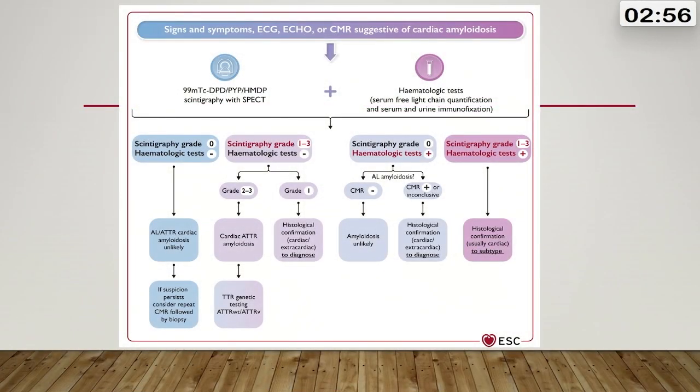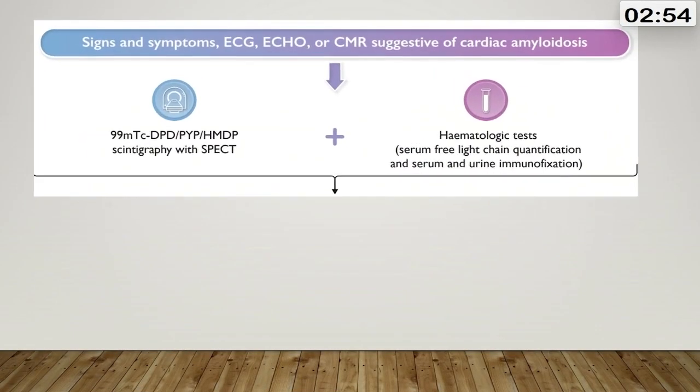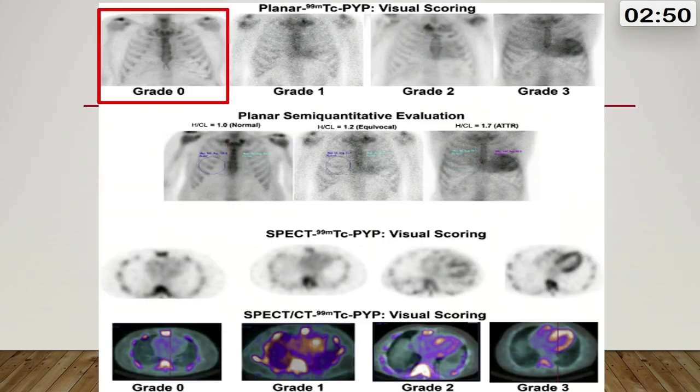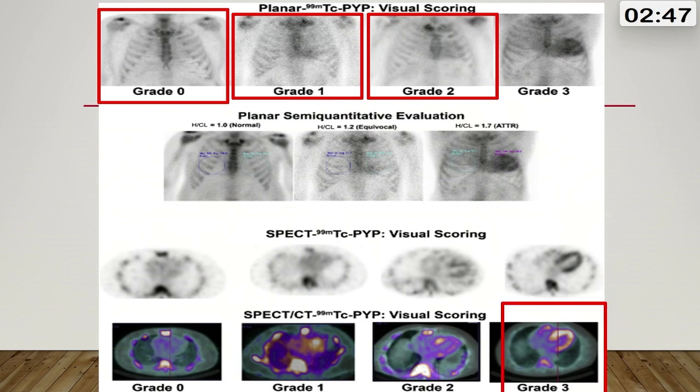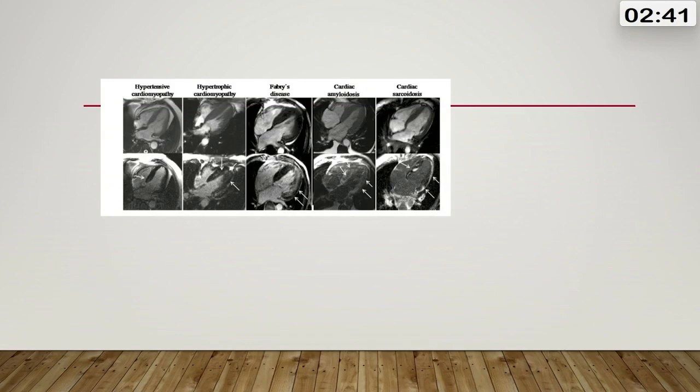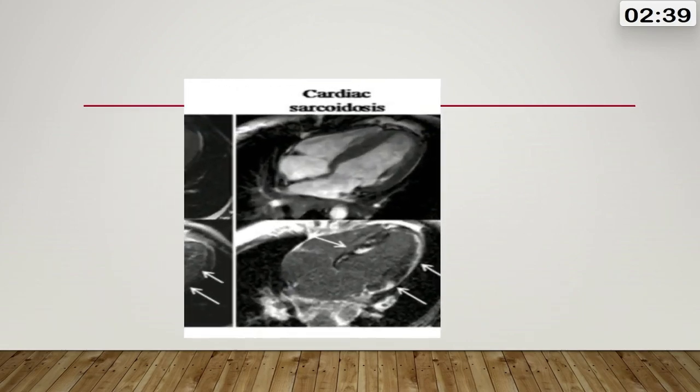So we have now signs, symptoms, ECG, echo, CMR, do bone scintigraphy and hematologic tests. Bone scintigraphy will confirm the diagnosis. Also, Massiera added cardiac sarcoidosis as one of the differential diagnoses of LVH.